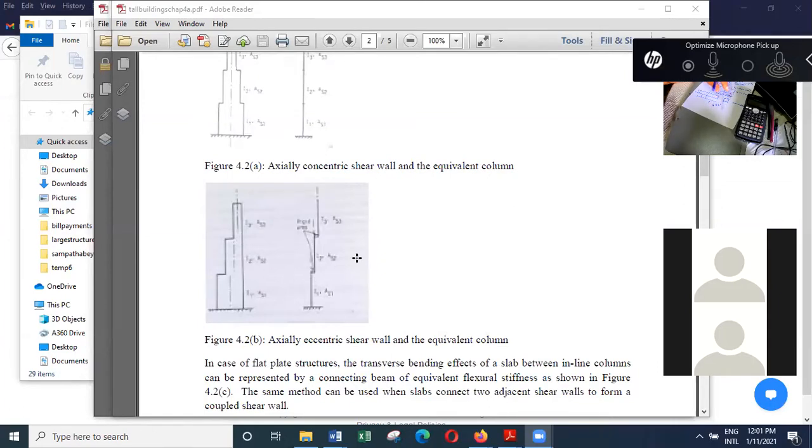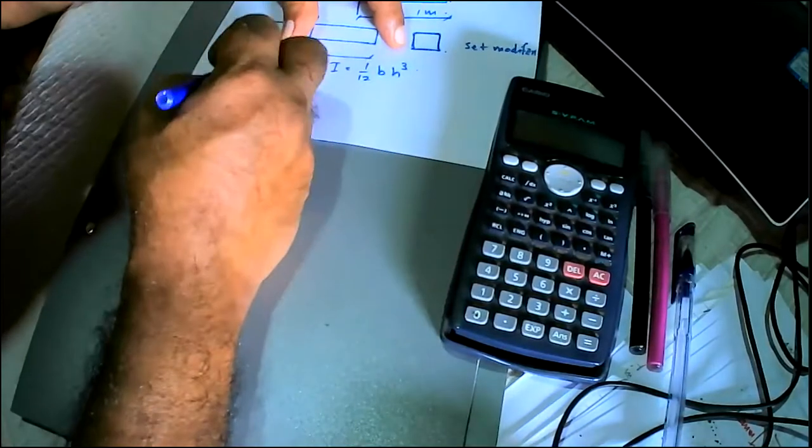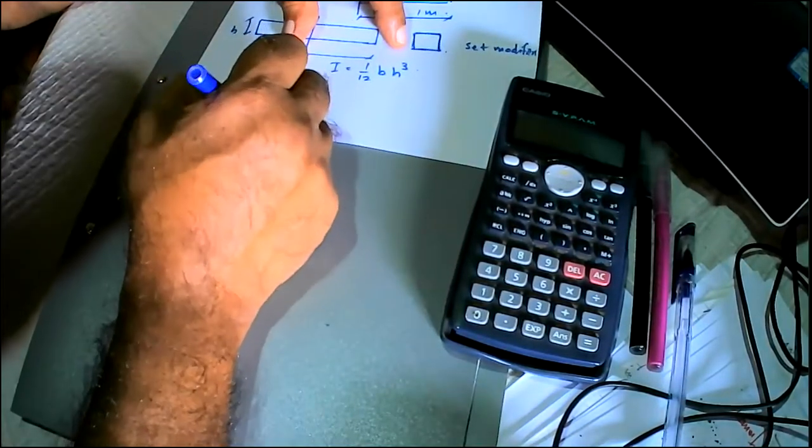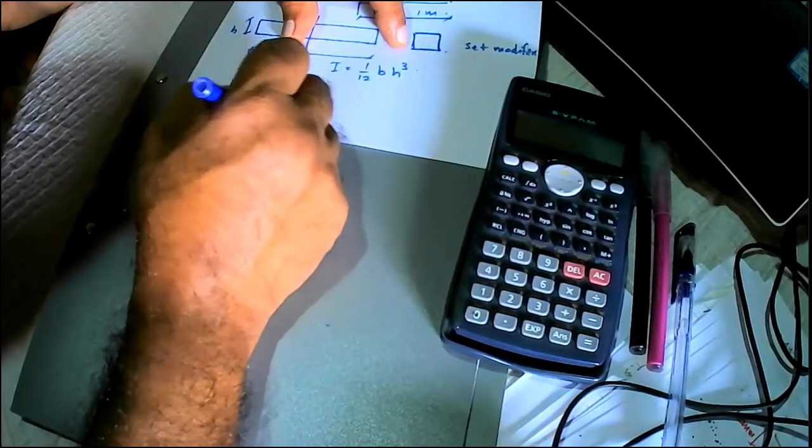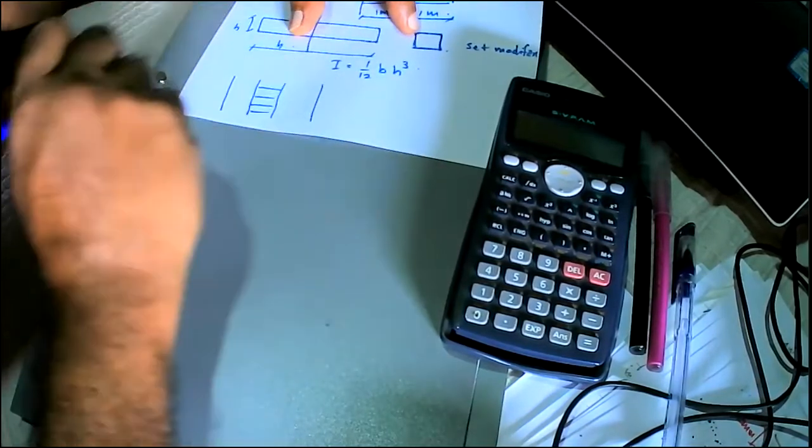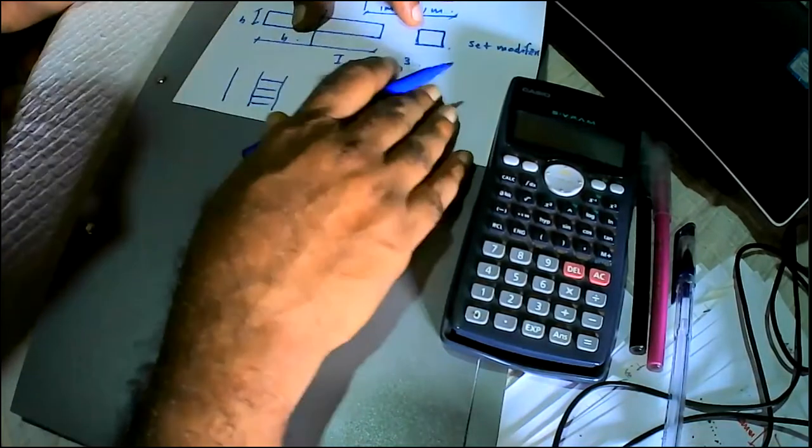So that's another thing that you can use. When you are modeling coupled shear walls, you can make use of this method. So I'll show you. If you want to model a coupled shear wall, a coupled shear wall will have the walls and the beams.